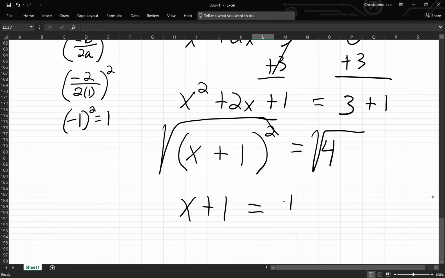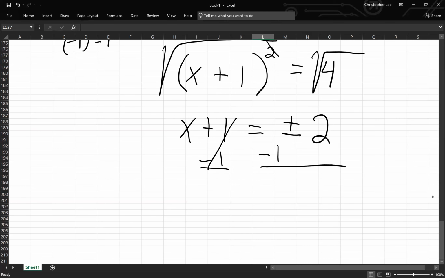No, equals plus or minus 2, right? Then what do I do after that? Remember, I want to solve for x. Yeah, you got it. Exactly. So I'm going to subtract 1 from here. What I do to one side, I do to the other. So now I have what? x equals negative 1 plus or minus 2.